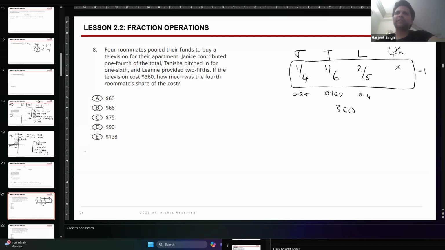So can I say x will be equal to what? 0.183, I think. So if x is 0.183, it's 18% of 360. So can I say roughly 20% of 360? So the answer should be around 72, but below that. So the answer is 66, I think.